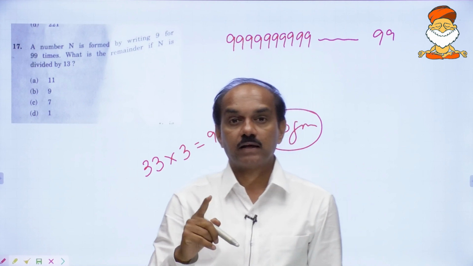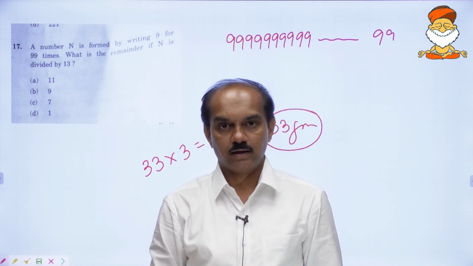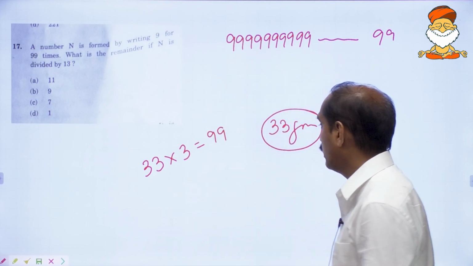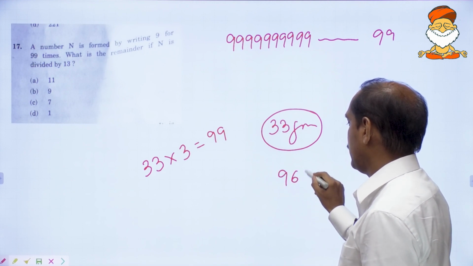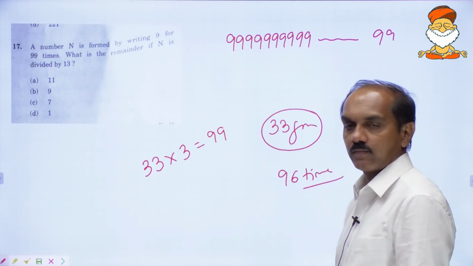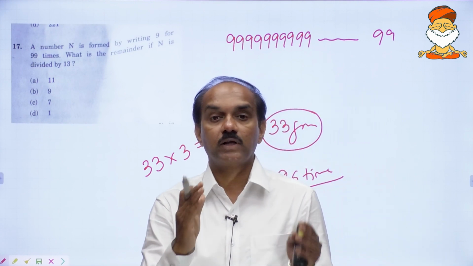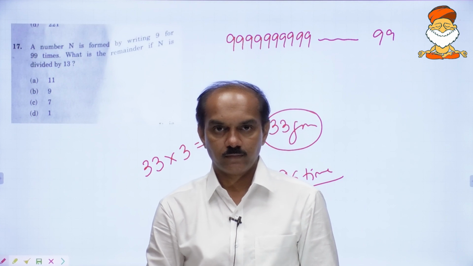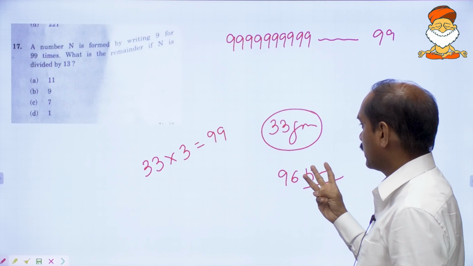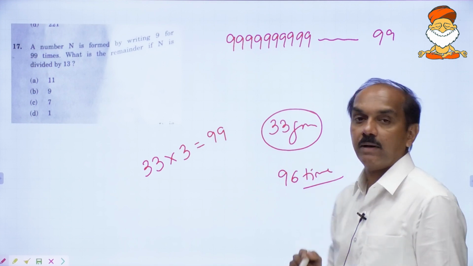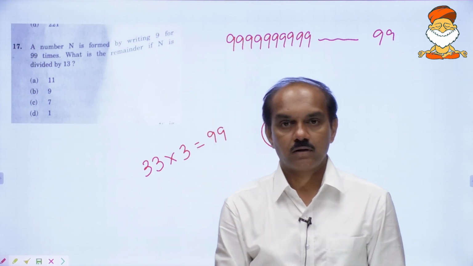So if there are 32 groups, then it is completely divisible by 13. Assuming there are 32 groups only, meaning 96 times, 999 repeated, then you will get to see 32 groups. Then the remainder will become 0, because 13 can divide the number completely.